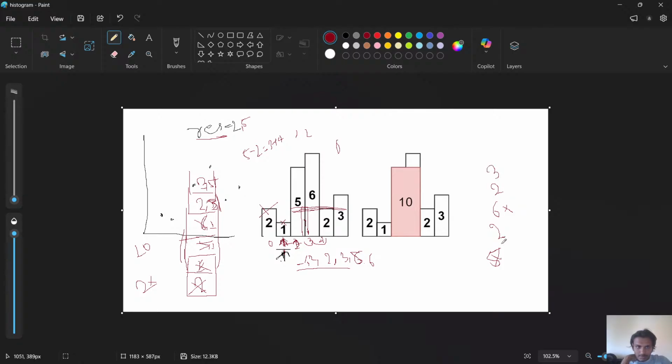So we do this from here to here, but still we have 5. If it is smaller, we keep on adding. Okay? Let's say we add 5, then 6, let's pop this smaller one, 6.